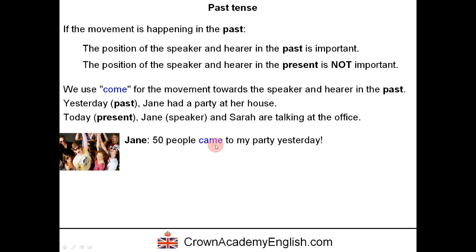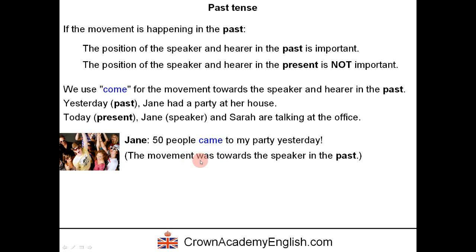So why do we use the verb come here? Well, it's because the movement was towards the speaker in the past. So Jane is the speaker, and in the past, well, where was Jane in the past? She was at her house at the party. So the movement, the 50 people, the movement was towards the speaker in the past.